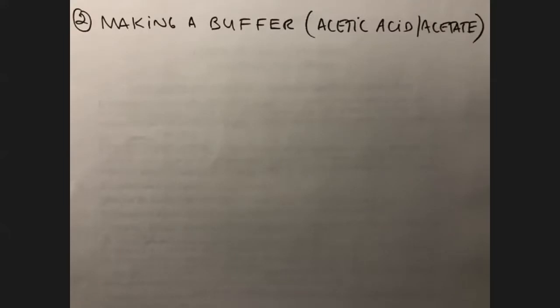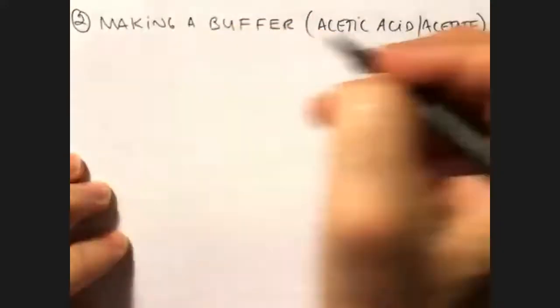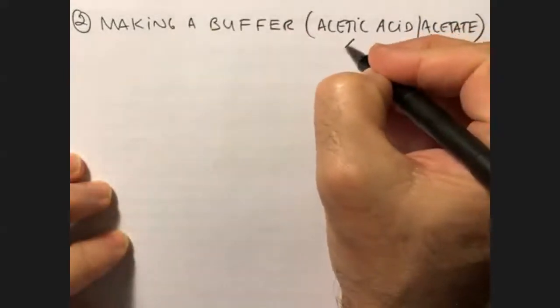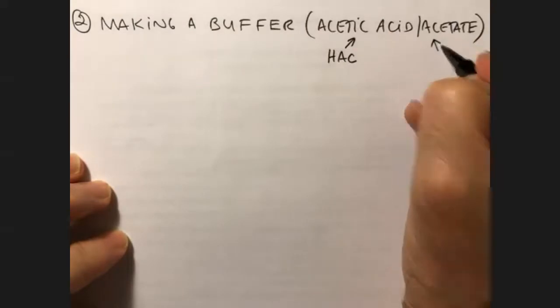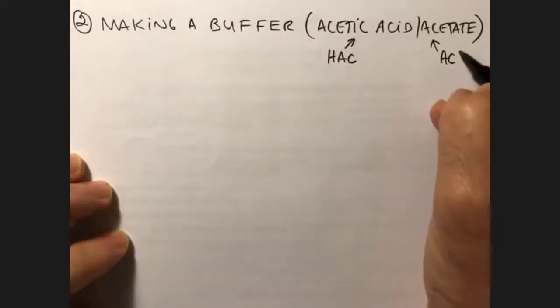Many times in these kinds of problems, we use abbreviations rather than the formula, all right? So I'm going to call acetic acid HAC, and acetate, I'm going to call it AC minus.